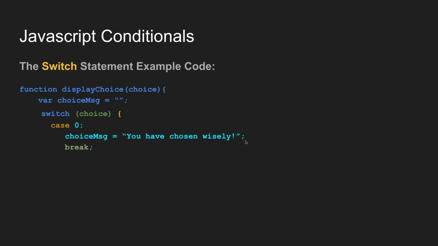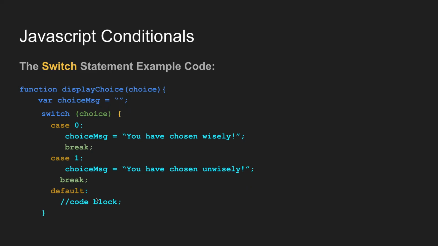Call the break, and it exits out. Otherwise, if the choice that you passed in was 1, you could say this: you have chosen unwisely. Notice that the value here is assigned to the variable choice message. And we break and then have the default and some other code block, right?